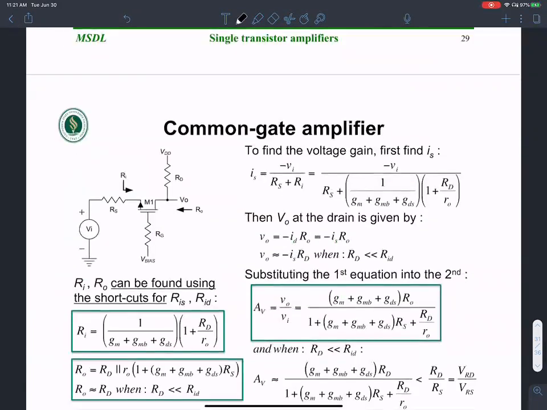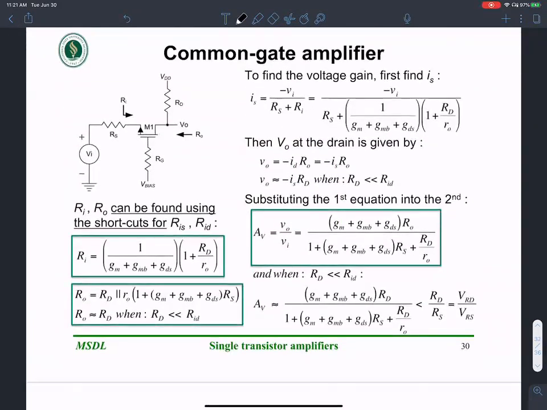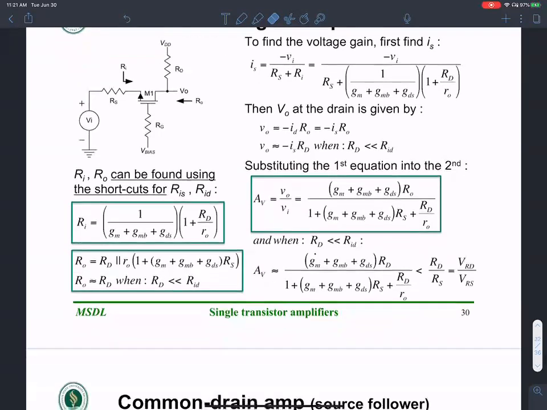Similarly, you can look at the common gate amplifier, which will give you a gain that looks like this: gm plus gmb plus gds times RD by 1 plus gm plus gmb plus gds times RS plus RD by r0, based on the fact that the input and output resistances are like that.